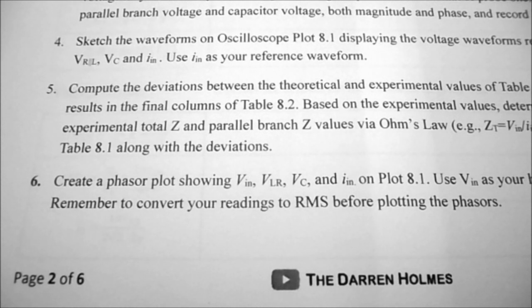So under procedure, step number 6, we're to create a phasor plot showing V in, VLR, VC, and I in on plot 8.1. We're to use V in as our horizontal axes, and remember to convert all your readings to RMS before plotting the phasors.